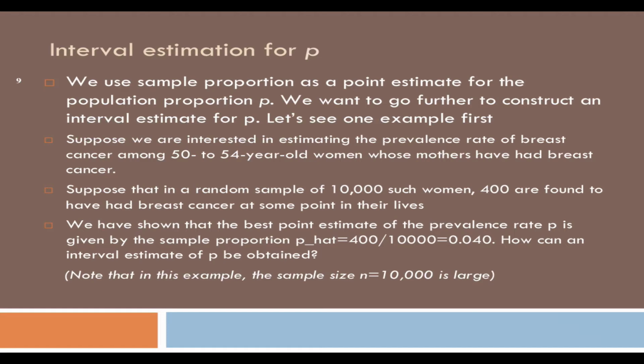So what do we have about P hat? P hat, we know that it's P and PQ over N. That is irrespective of sample size. And then if we want to further assume that N is large enough, we can put the normal distribution right here.